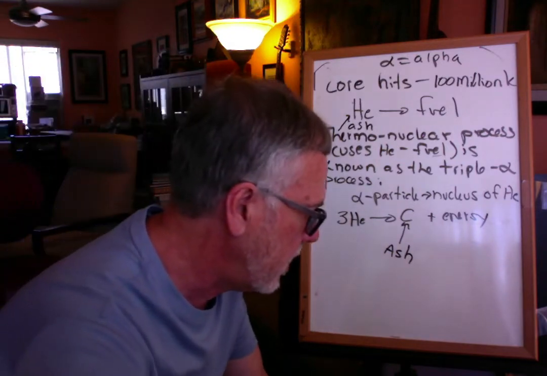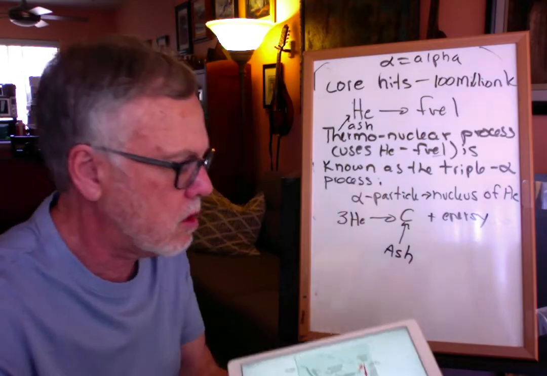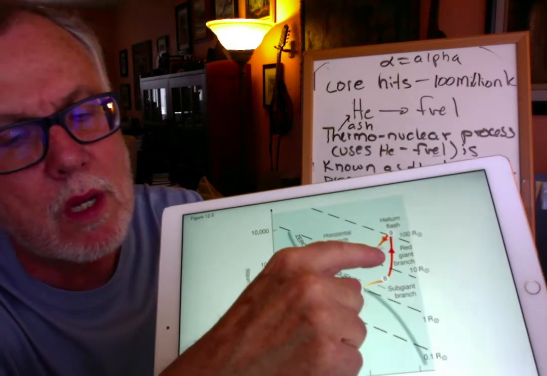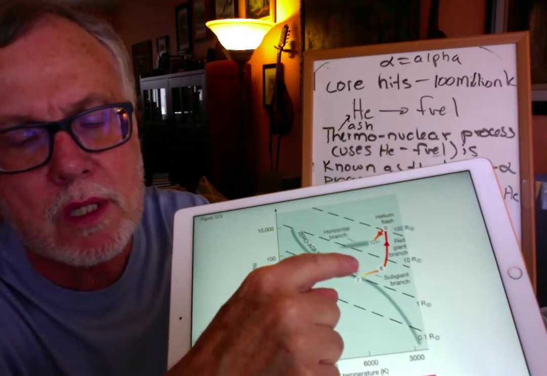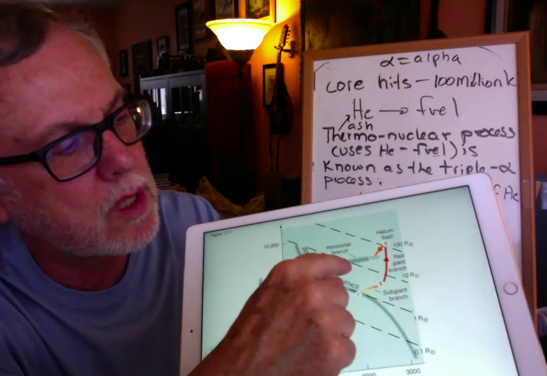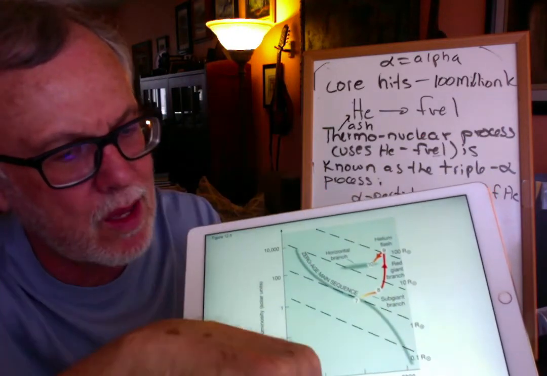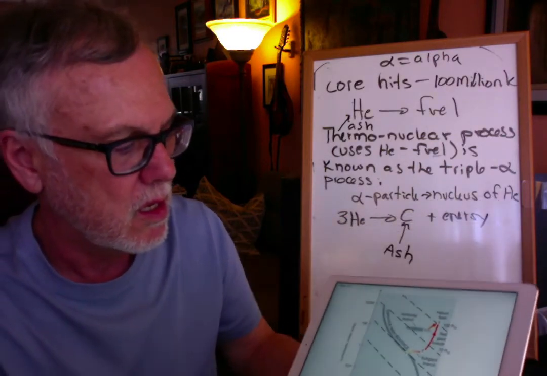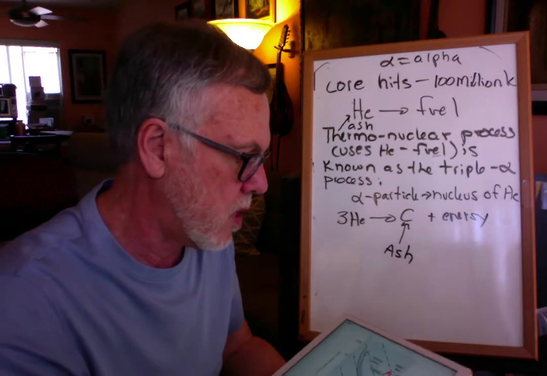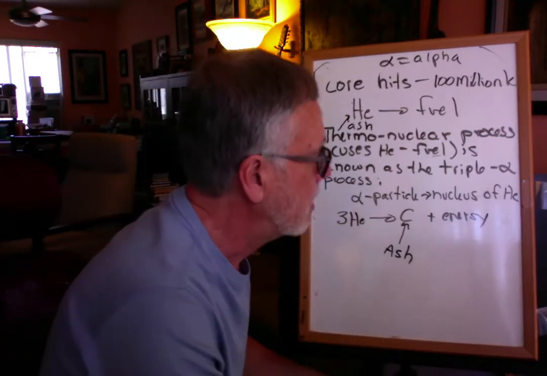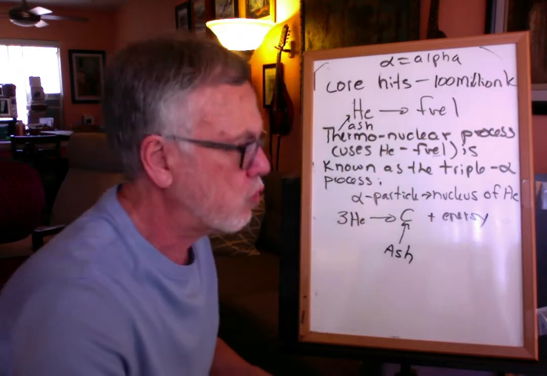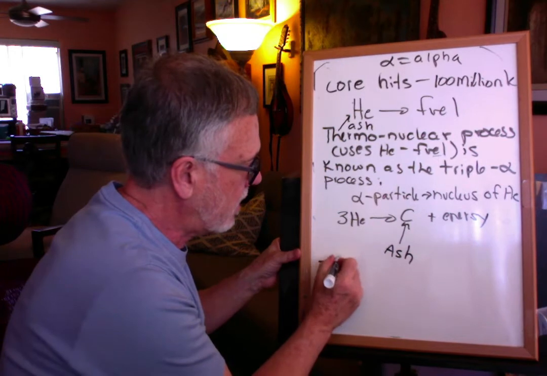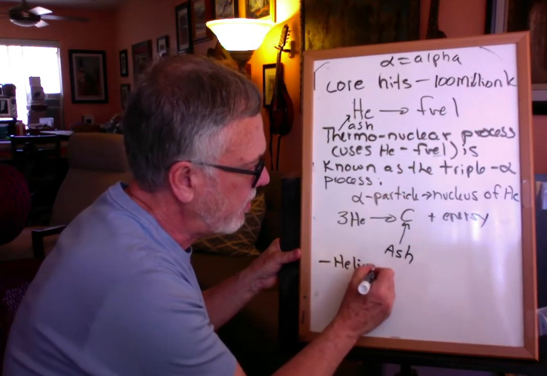What we see when this occurs is that the star had swollen up, and then it kind of reduces in size, and because it reduces in size, it gets a little dimmer, so it goes down, and it goes to the left because it gets hotter. And so we have this new process. But right when we hit this temperature, we get what is known as the helium flash.